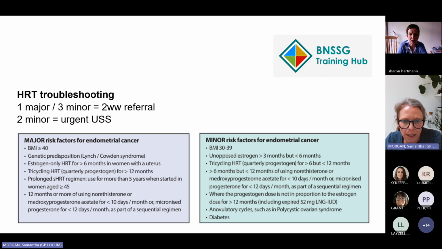Looking for those expired Mirenas that are always kicking around.